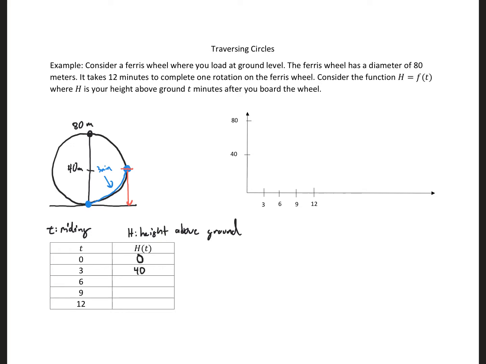If I continue riding for an additional 3 minutes, so now I've ridden for 6 total minutes. So this is an additional 3 minutes, and this arc here is representing 6 total minutes of riding. If it's 12 minutes to get all the way around, at 6 minutes I'd be at the very top, so my height would be 80 meters.